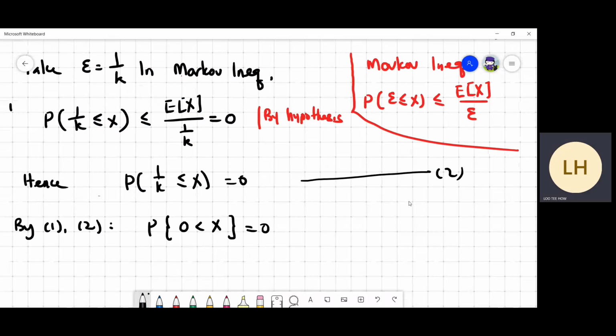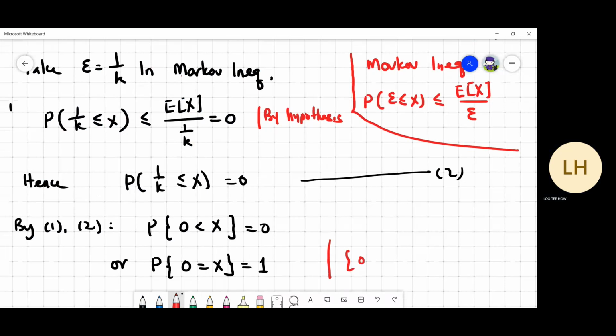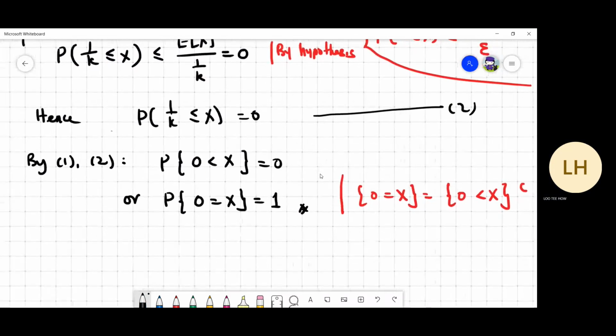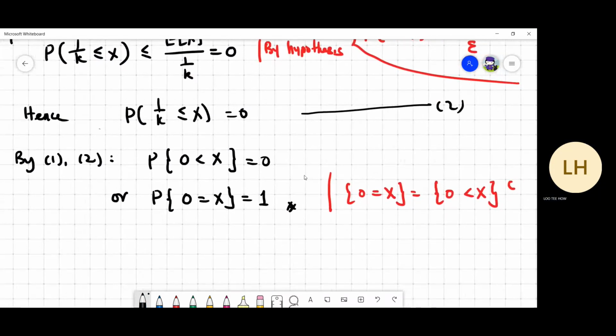And this is equal to 0, so P of x equals 0 must be equal to 1, because this is just the complement. As we have observed just now, this is just the complement for these statements. So this is how we can prove our statements here.